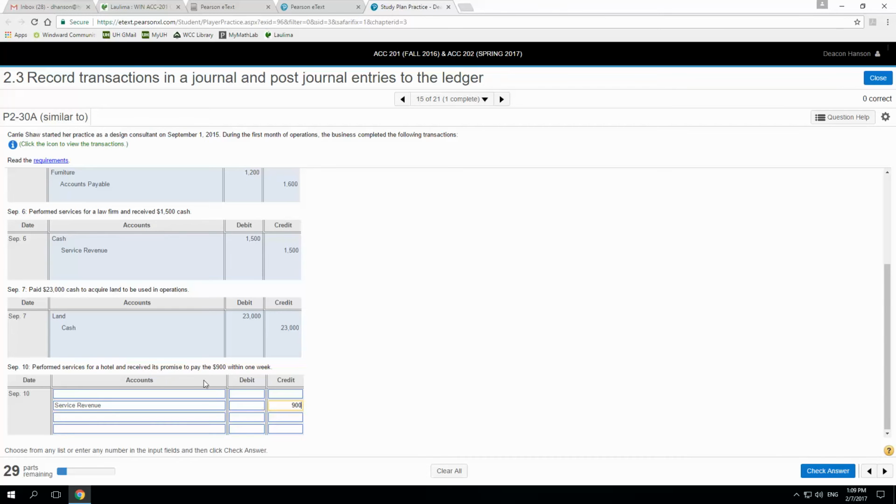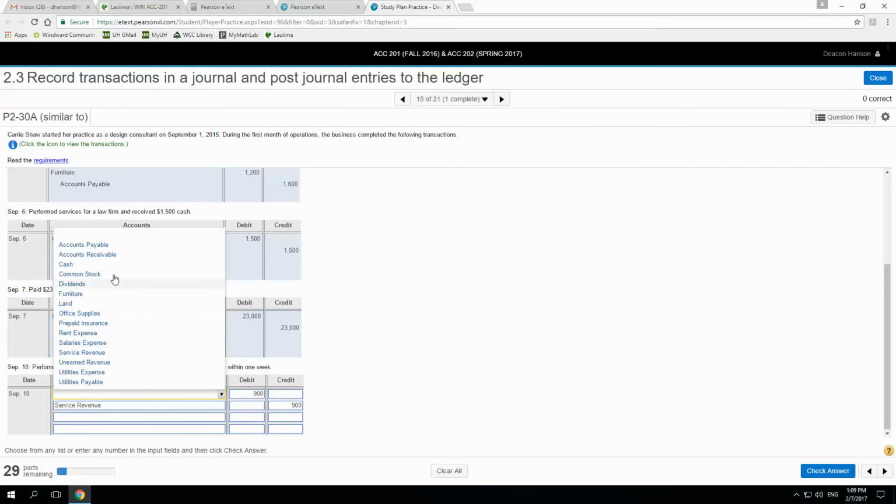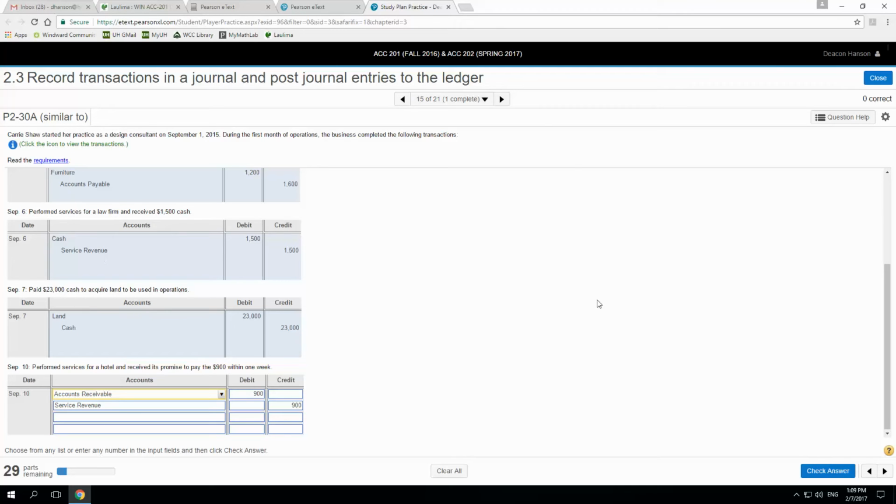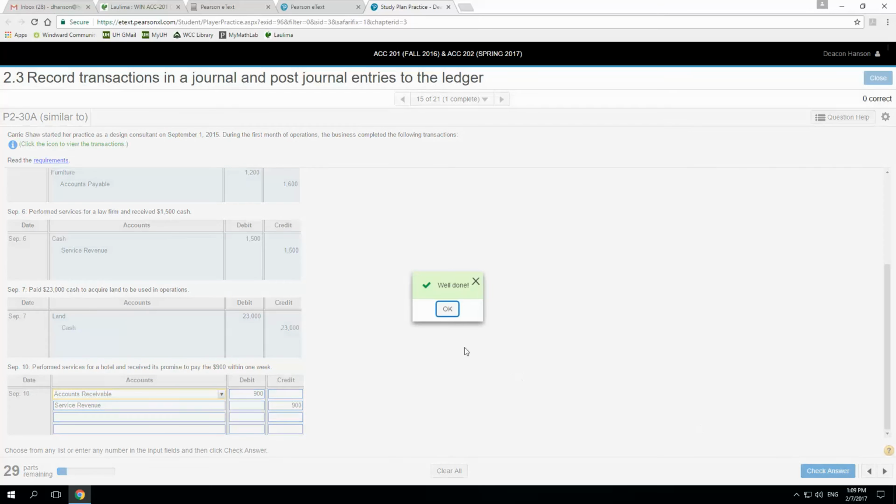If somebody promises you to pay, that means they did not pay, but they still owe your company. The amounts that are owed to your company are called accounts receivable, right? For the services you perform. Accounts receivable are the amounts that you haven't collected yet for, in this case, for the services that this company has performed. Okay?